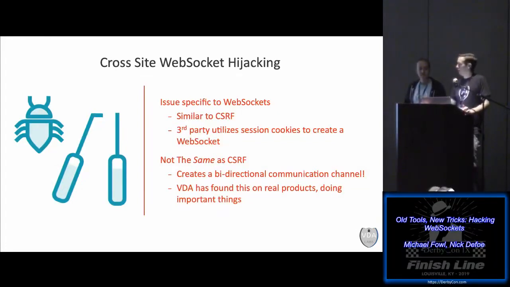It's similar to a cross-site request forgery type issue where a third party is using your authentication cookies to make a request on their own behalf, so that they can establish a WebSocket connection to a web application and then use it maliciously themselves instead of you and your session using it.